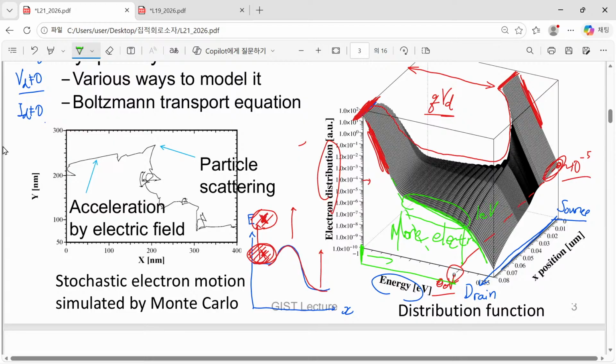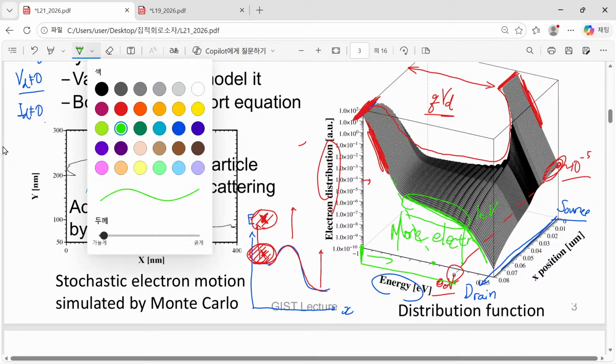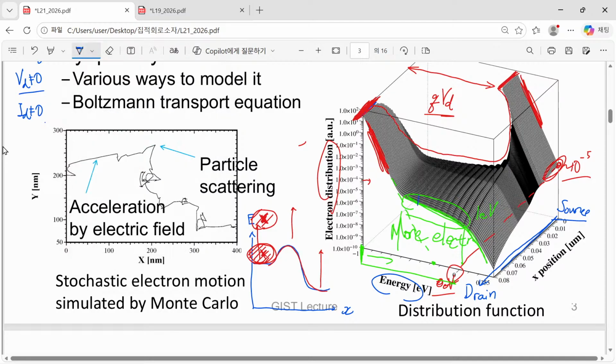In this case, if this is nearly close to equilibrium, then we have almost no electrons at all. However, we have something like 10 to the minus 6, 10,000 times larger than its equilibrium distribution. So they are called hot electrons.